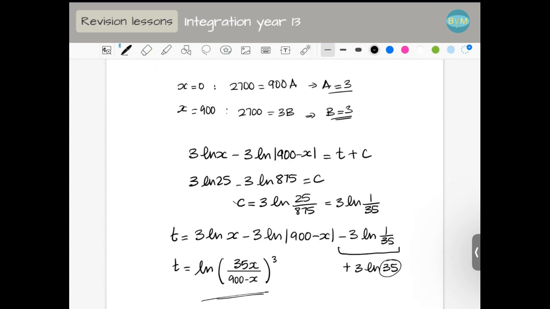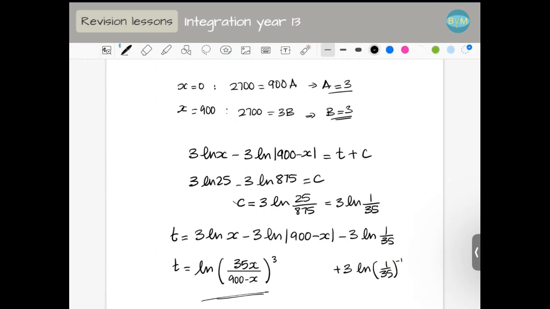So I just did the reciprocal. So if I have minus 3, I have plus 3 ln of 35 to the power of minus 1. So I can bring the minus 1 as an exponent and leave it positive. So when I do the reciprocal, the 1 over 35 becomes 35.